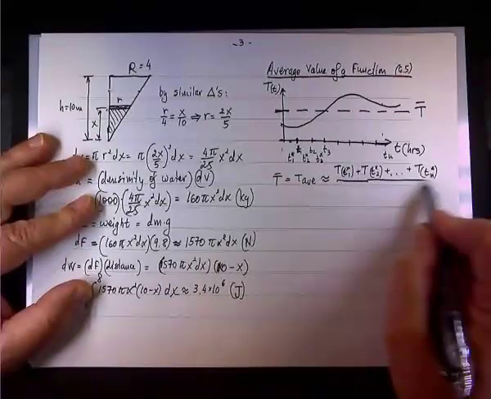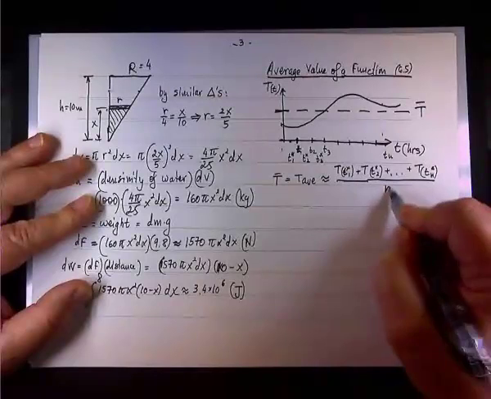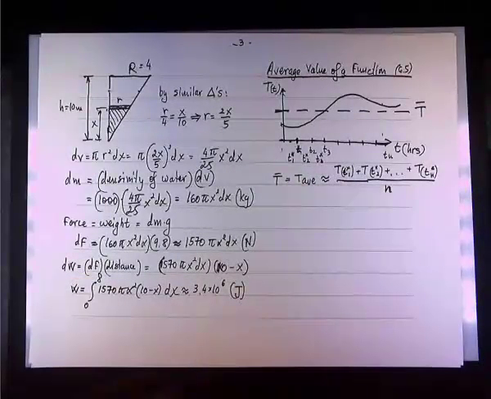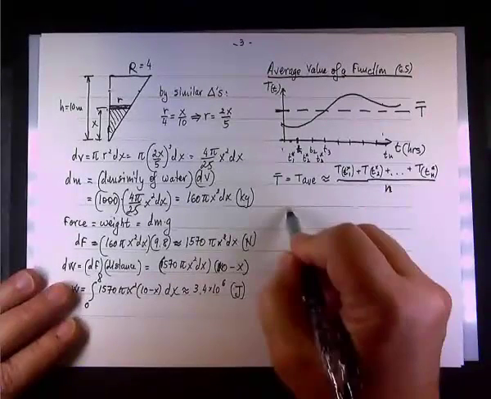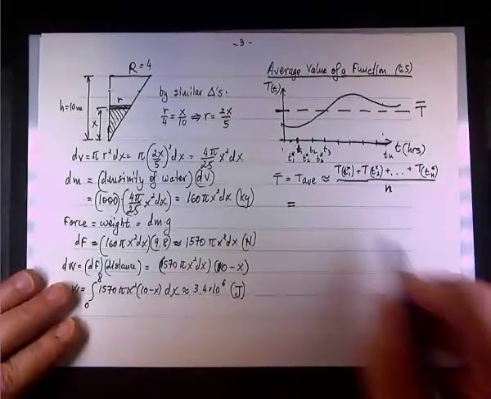And it's an approximation because there might be some variation in between that we don't take into account. Okay, so of course we'll have a more accurate measurement if we make delta t, the sub-interval, smaller and smaller, which indeed is the definition of integration.